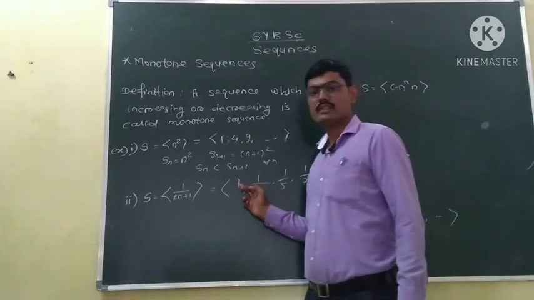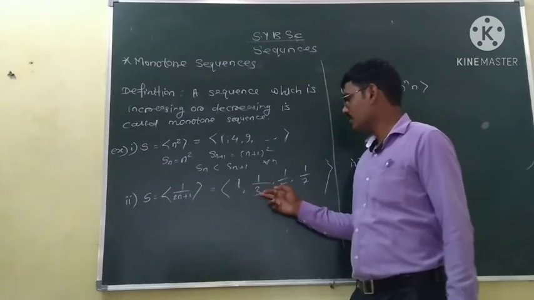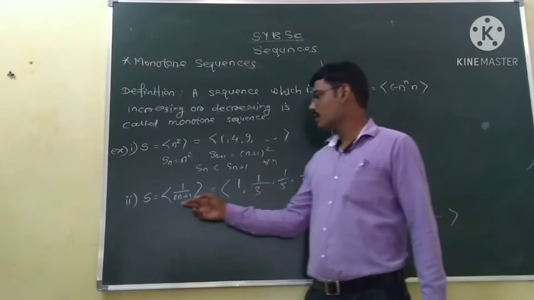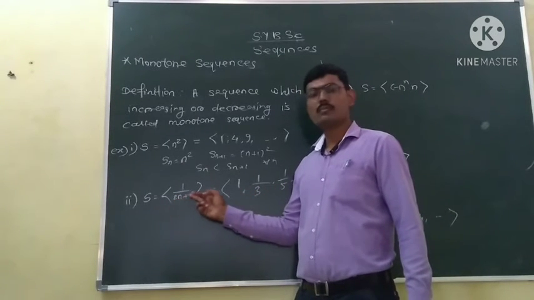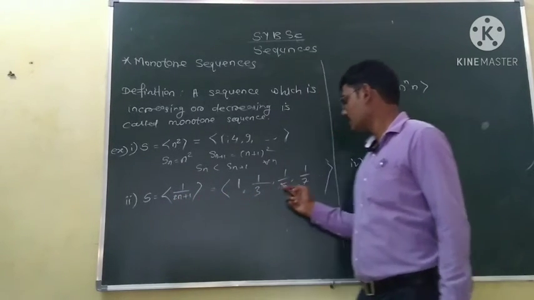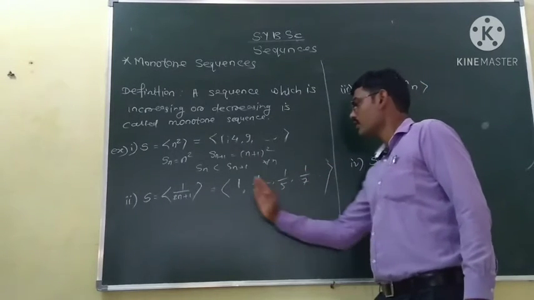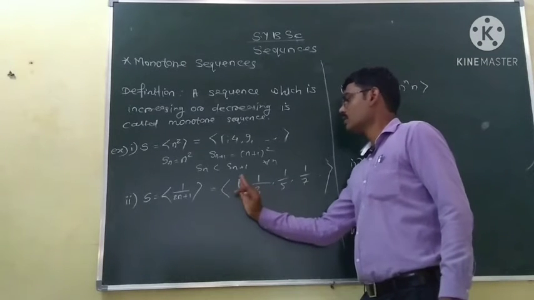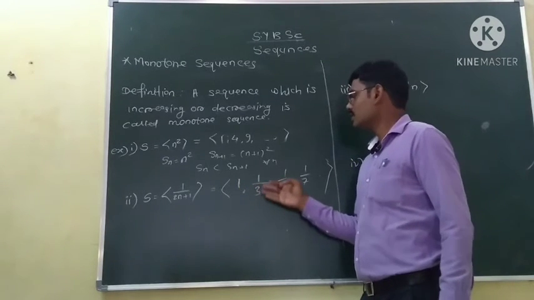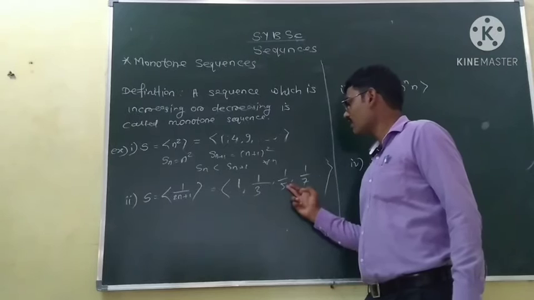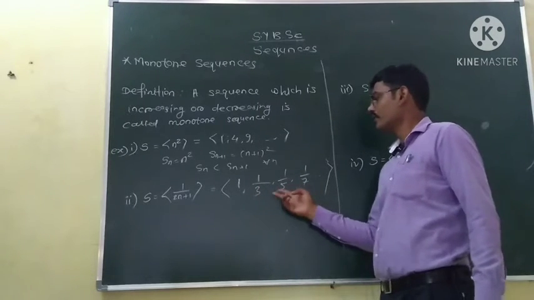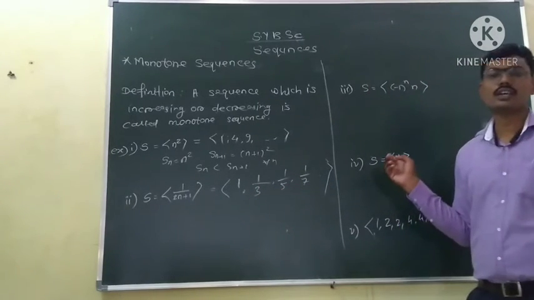The first element of the sequence is 1. Second, put n is equal to 1, 2 into 1 plus 1, so 3, then 5, then 1 by 7. The first term is 1, the second term is 1 by 3. So the first term is bigger than the second term. Now the second term is 1 by 3, the third term is 1 by 5. So the second term is greater than 1 by 5. So the elements go on decreasing.